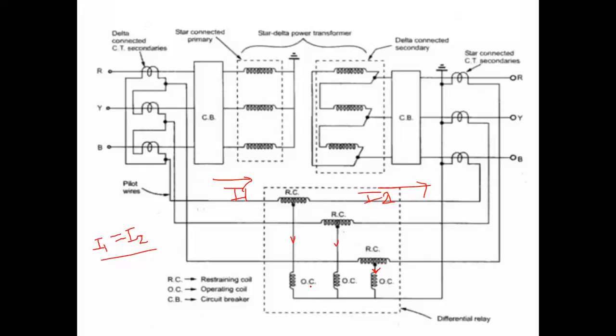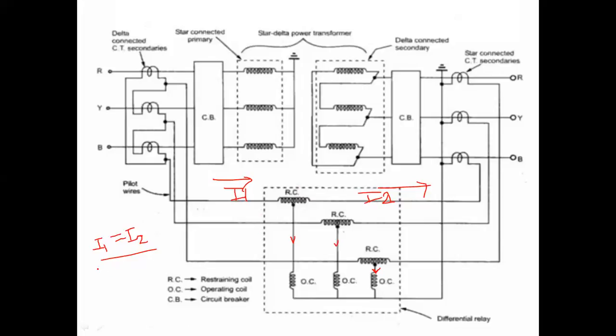So I just explained the concept, and I'm telling you I1 is equal to I2. Then what is the current flowing through this operating coil? If the same current is flowing through the restraining coil, then what should be the current flowing through the operating coil?